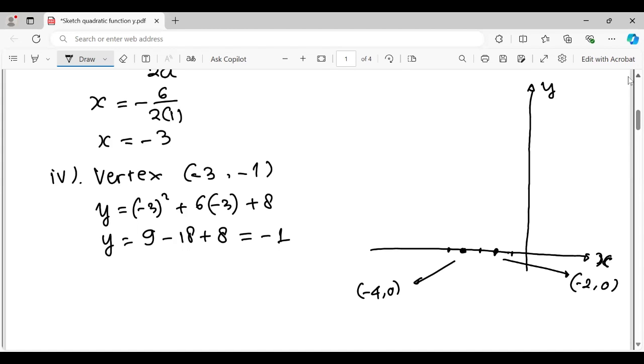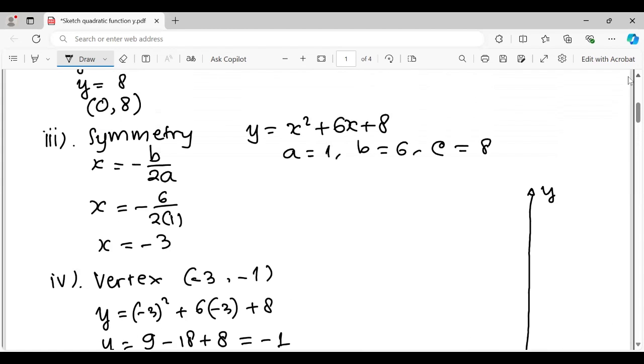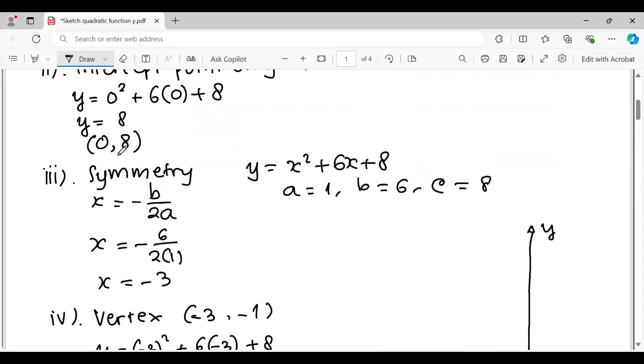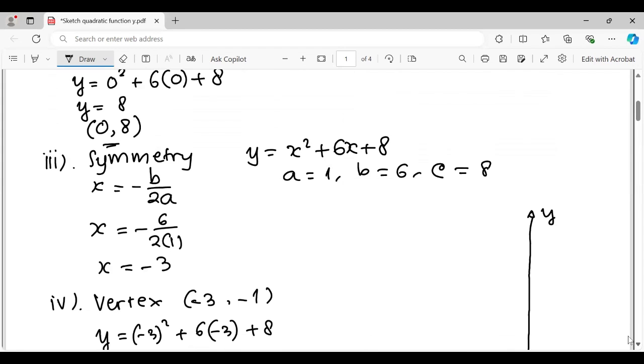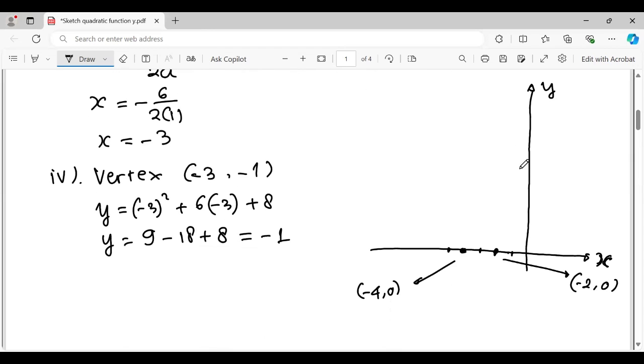And the intercept point on the y-axis is 0, comma 8. Now let's find it on the y-axis: 1, 2, 3, 4, 5, 6, 7, 8 here. This is 0, 8.